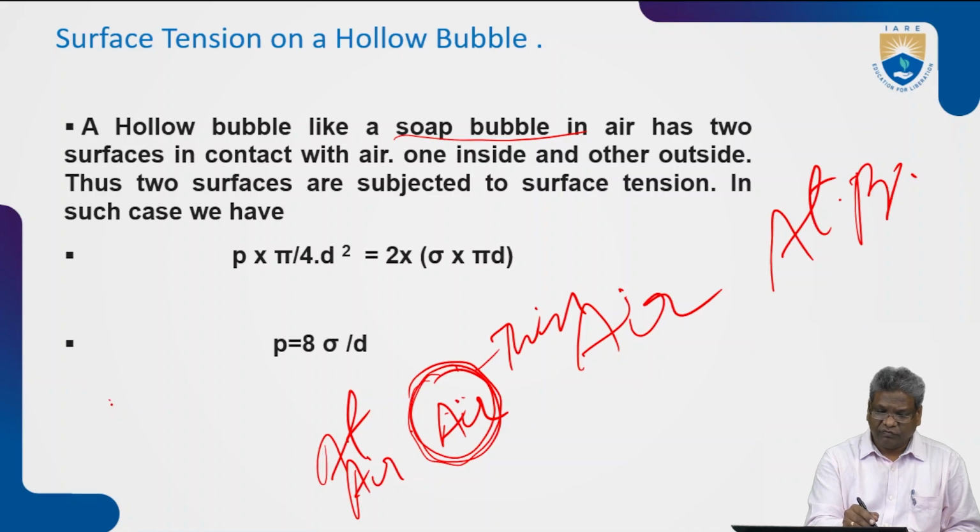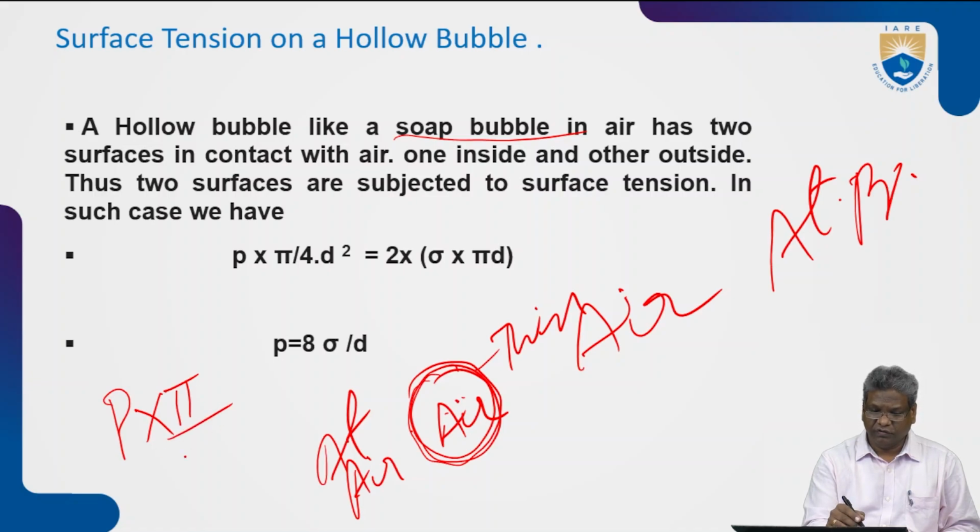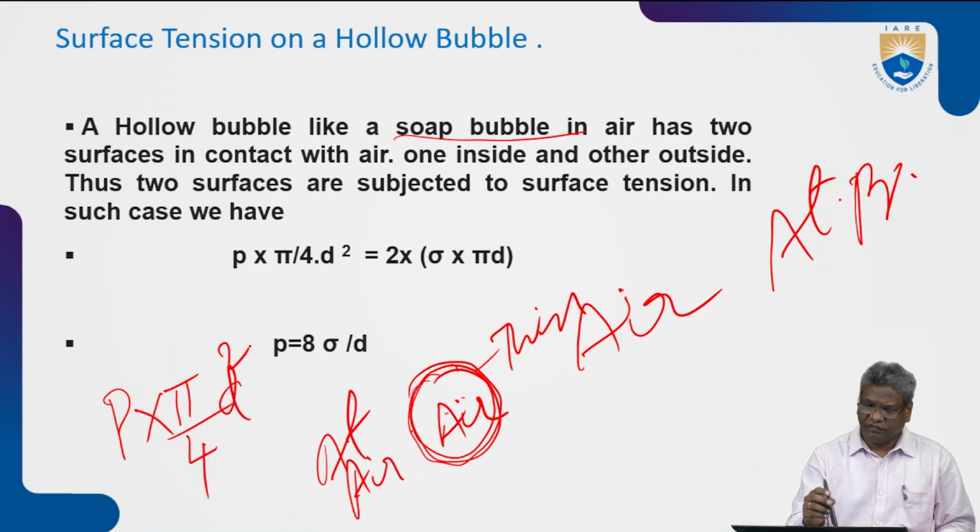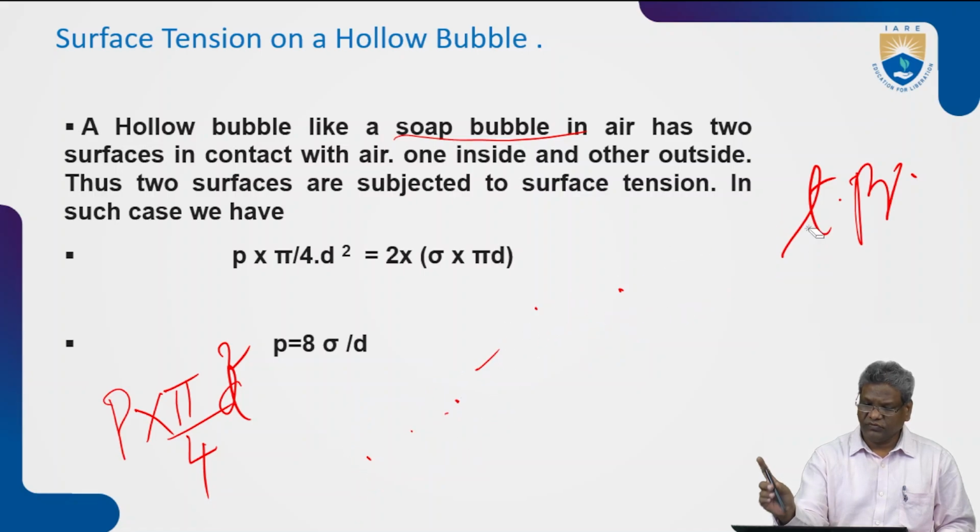So pressure into area, as we already discussed in the case of liquid droplet, pi by 4 d square. And also surface tension is sigma into the circumference, because surface tension always acts on the circumference.